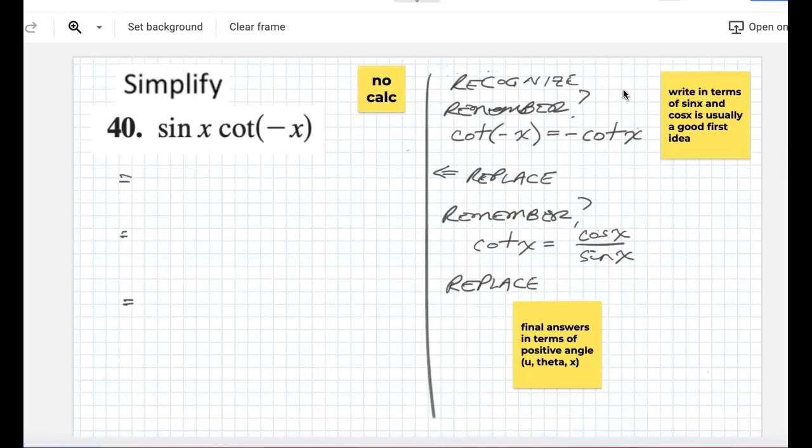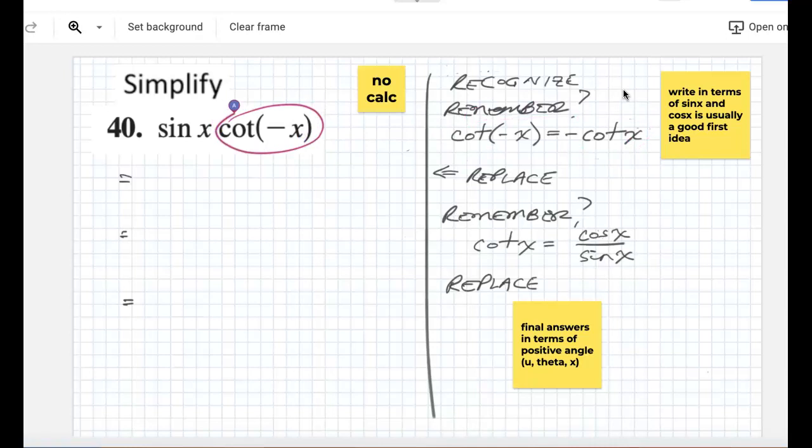And then you're done. You should always have an x, a theta, or a u in your answer, by the way. Don't let those disappear. It's not technically correct to write the sine, the cosine, and stuff like that without x, theta, or u. Okay, and try to stay consistent with the question. So, recognize, remember. Now, it was just something I was just talking about, so we'll use it. You should be able to, because it was just on that last slide.